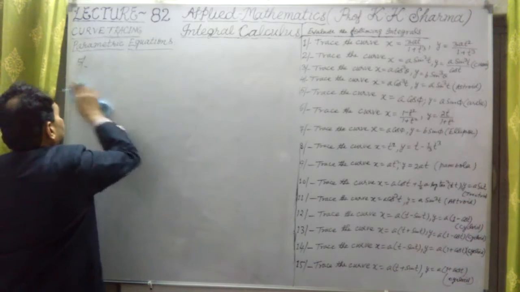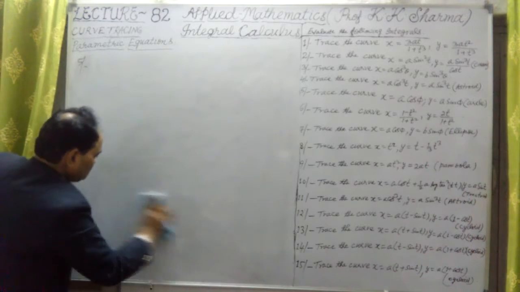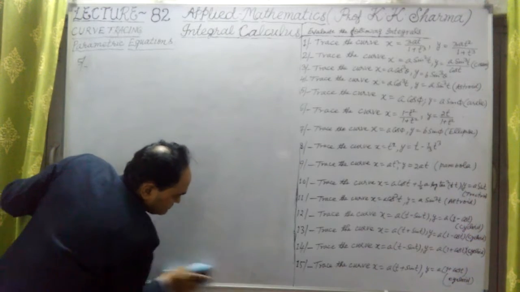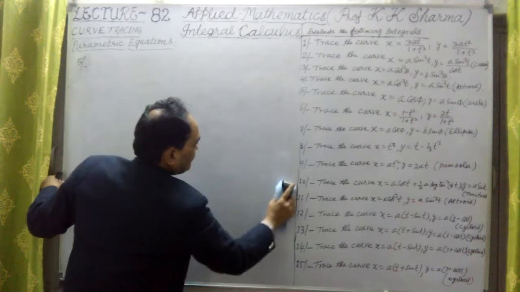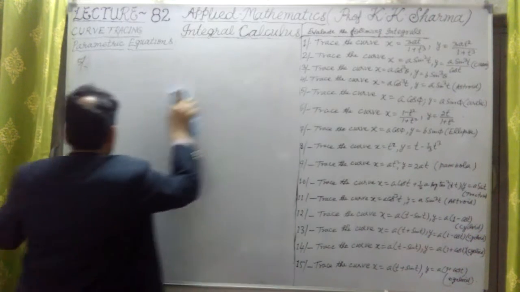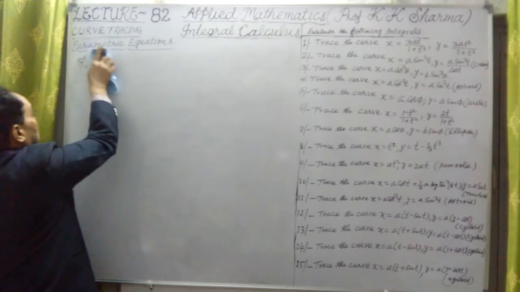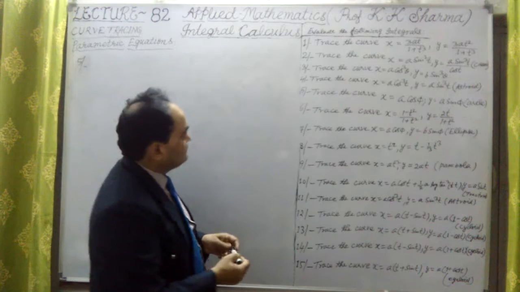It is darkened here. Let me clean this. Okay. Question number 5 is, let me check what kind of question it is. Okay, sorry for this. Now question number 5.